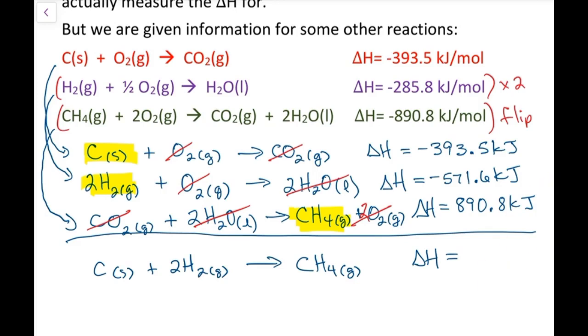So see what that gets you. Okay, and it looks like that gives me a negative 74.3 kilojoules. So I was able to use 3 reactions as steps in my overall reaction and add up their delta H's to get the one that I was looking for.